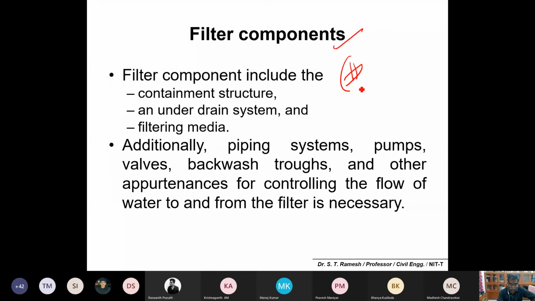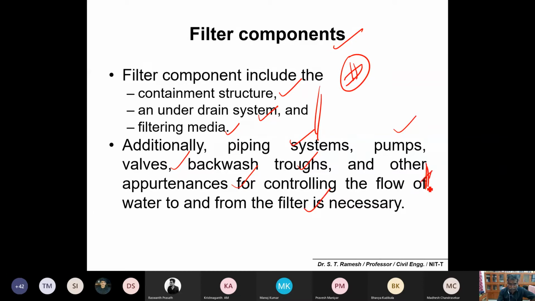So these are the filter components. Please make a note of these filter configuration or filter components. Number 1, containment structure. Number 2 is the underdrain system. Number 3 is the filter media. In addition to these three major components, you should have the piping systems, pumps, valves, backwash troughs, and other pipe fittings for controlling the flow of water to and from the filter.